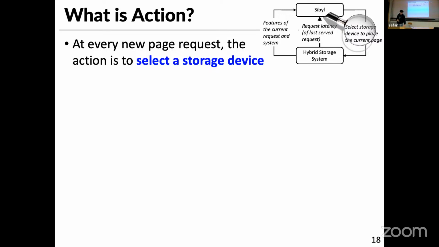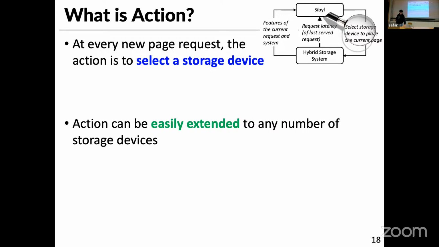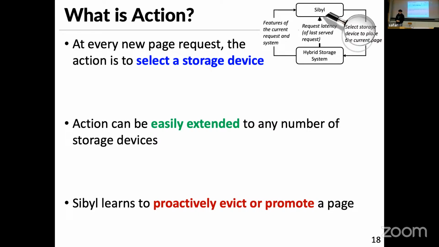To skim quickly through it, as I have mentioned, the action is you just selecting a storage device in which the page will end up. The good thing about Cibil is that you can extend the action to any number of storage devices by just adding them to the range of actions Cibil can take. And it turns out that Cibil proactively learns to evict or promote pages.